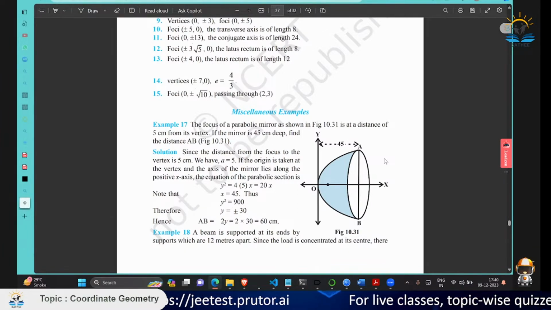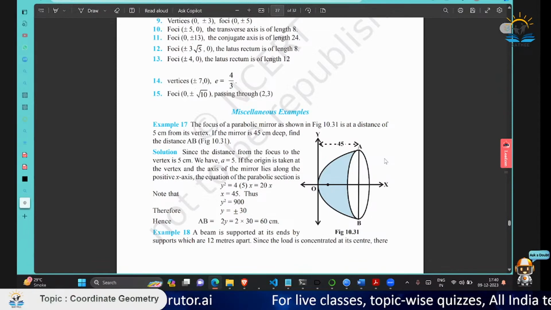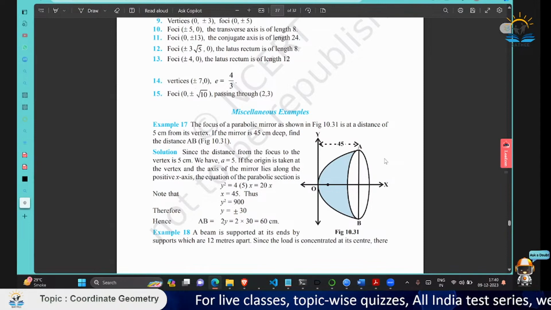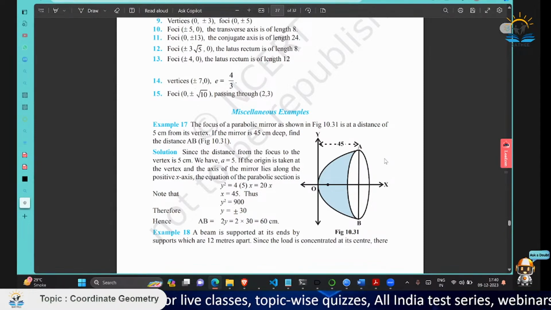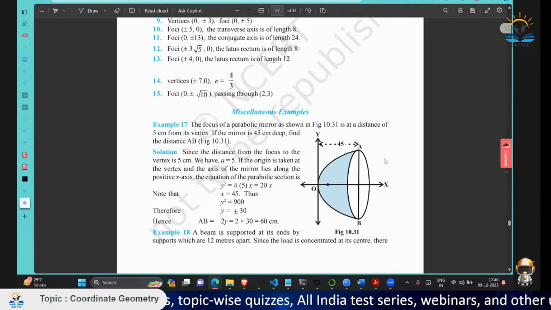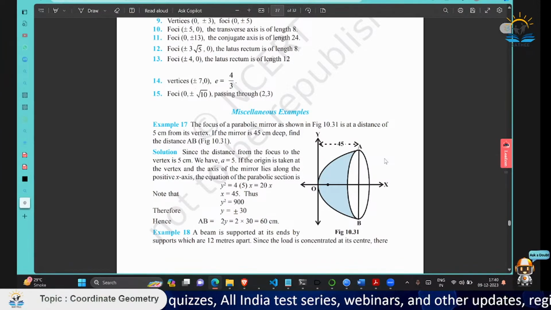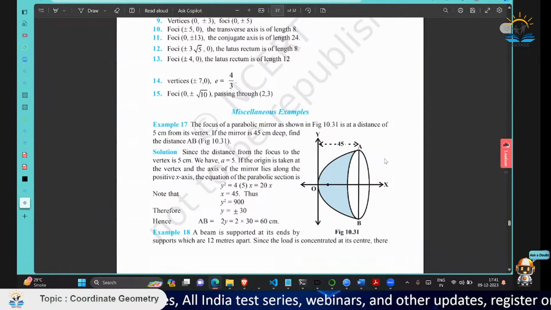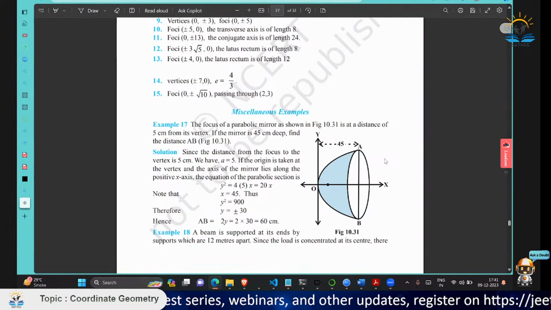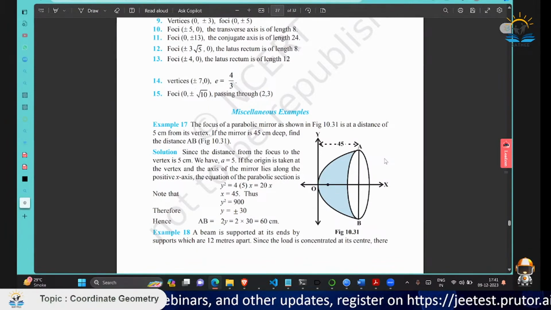We all know that y square equal to 4ax is the equation, right? If x is 45, why?